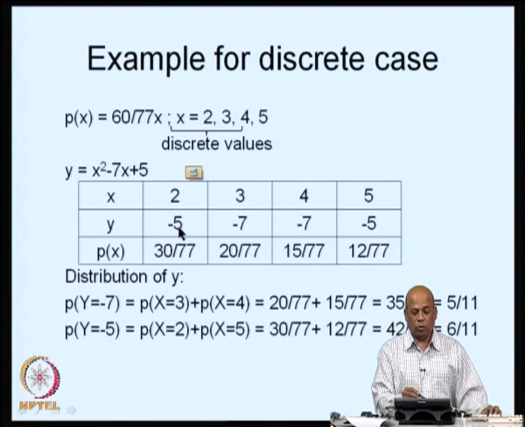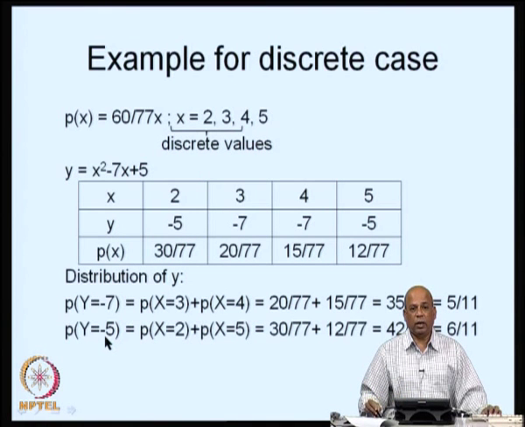Now, y is equal to minus 5 occurs for value of x is equal to 2 and x is equal to 5. So, probability of y is equal to minus 5 will be equal to probability of x is equal to 2 plus probability of x is equal to 5, which turns out to be 6 by 11, as you can see here.